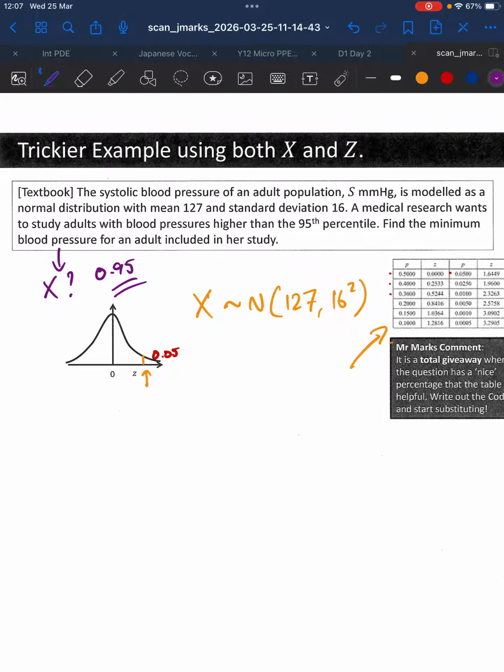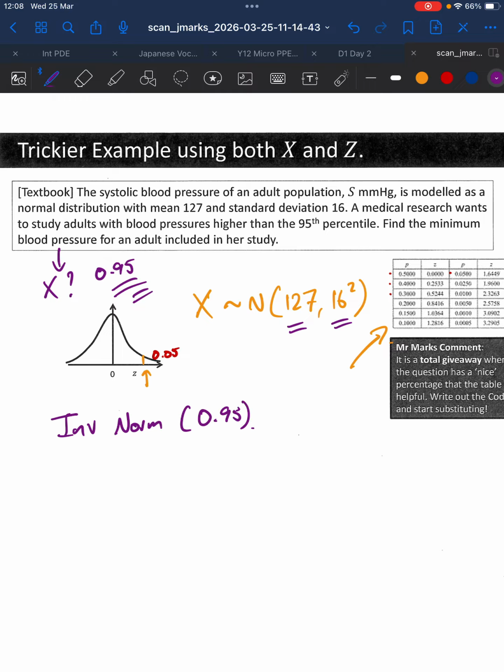Now, there's a lot of ways we can answer this, yeah? Some of you may have already spotted that we can actually just use the inverse normal because we know the mean, we know the standard deviation, we know this. So we could actually just do inverse normal on our calculator for 0.95.